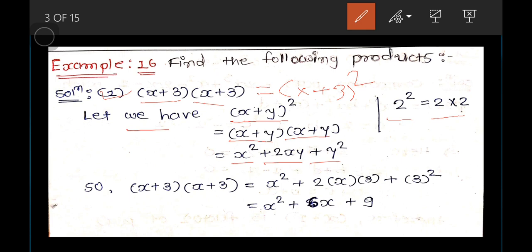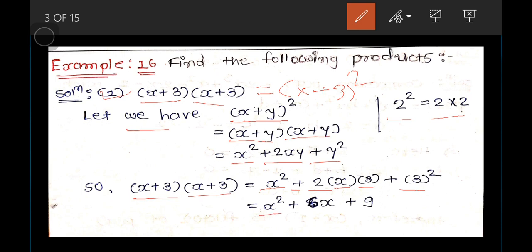First term x square, both brackets have a positive sign so we put plus, then 2 into x into 3, plus 3 square.